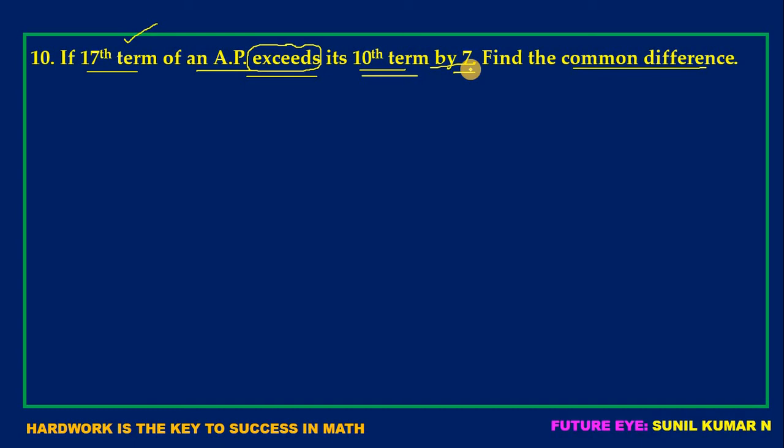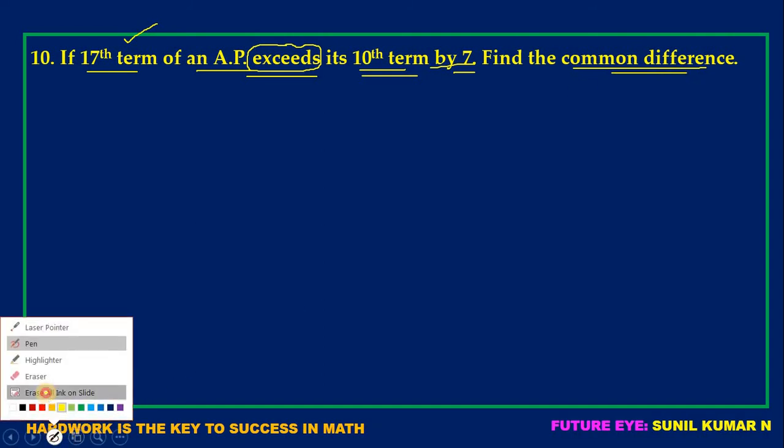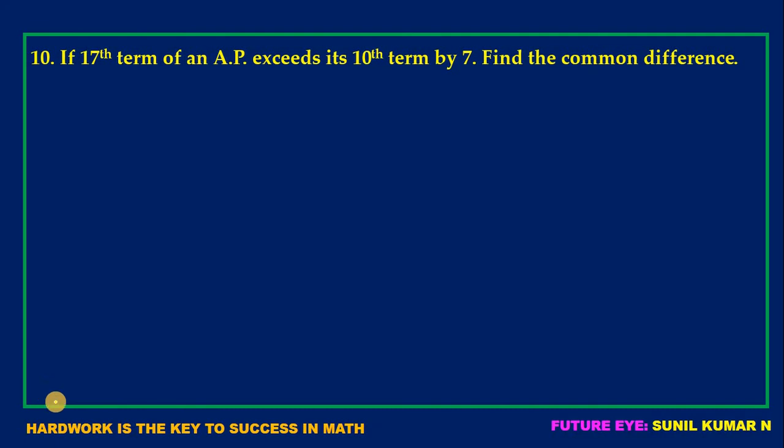This is the condition they set. And what we have to find here is the common difference, meaning the d value. So for that, according to the condition, what is the condition? The 17th term of an AP exceeds its 10th term by 7. This is the only condition.